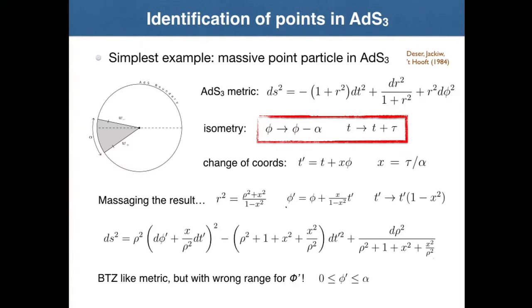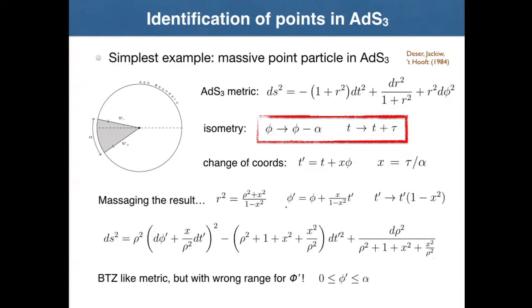This massaging of the metric comprises a series of additional changes of coordinates. The details are not particularly important. You can just trust me that if I perform this chain of changes of coordinates, I obtain a metric which looks like the one that you can find there.